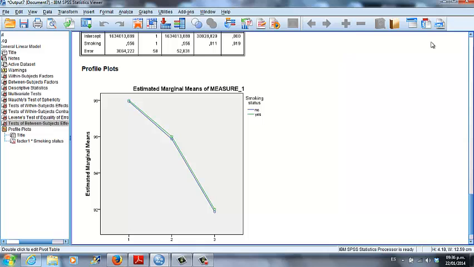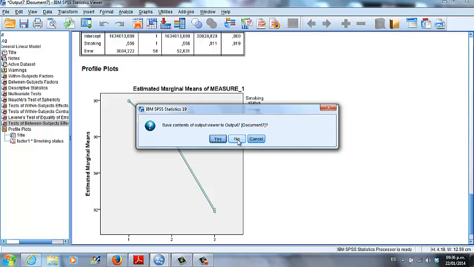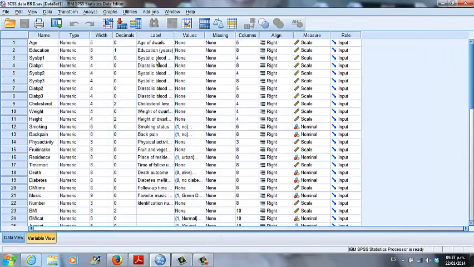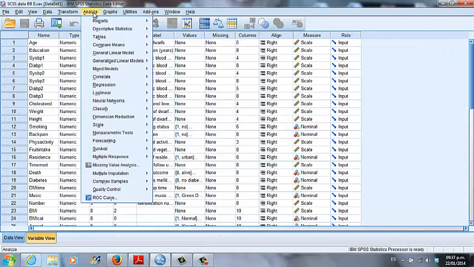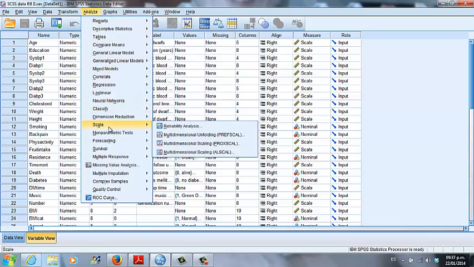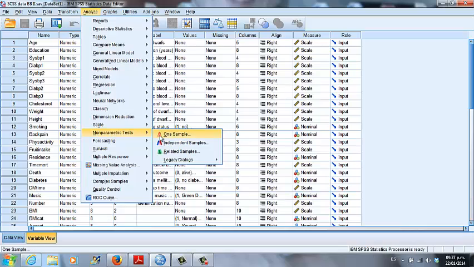Good. In the second part, what do we do if the continuous variable is not normally distributed or if the variances are not equal? In that case, we're going to use a non-parametric test. The non-parametric test for repeated measures ANOVA is Friedman's test. That's how it's called. We find it in non-parametric tests, under related samples.